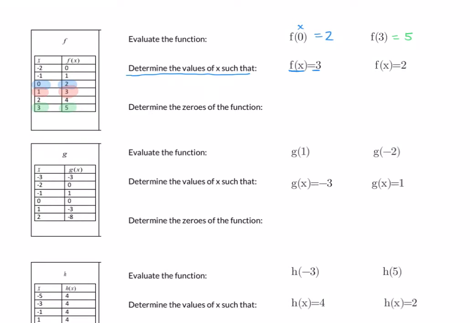We get x equals 1. Same idea, let's try one more. We want f of x equals 2, so I want to find where f of x equals 2. We're going to come to our f of x column, look for 2, and we get x is equal to 0.